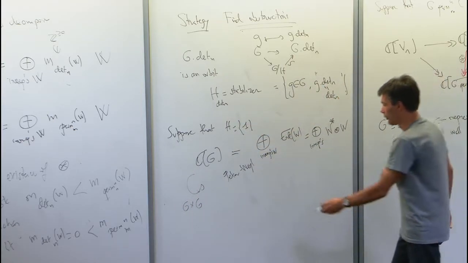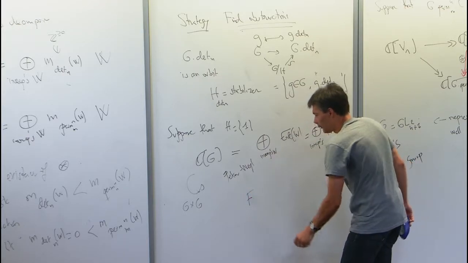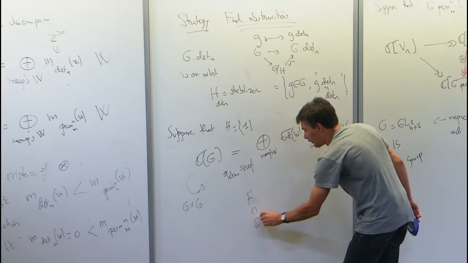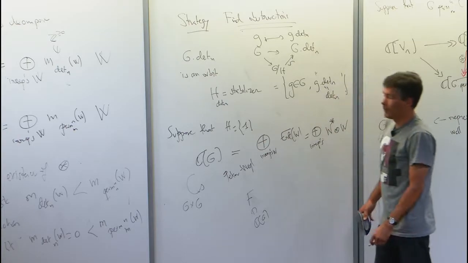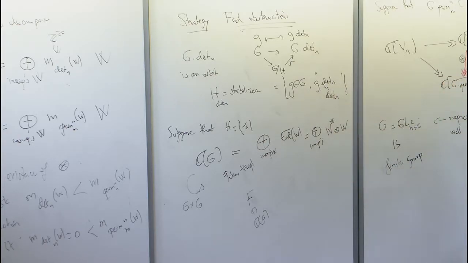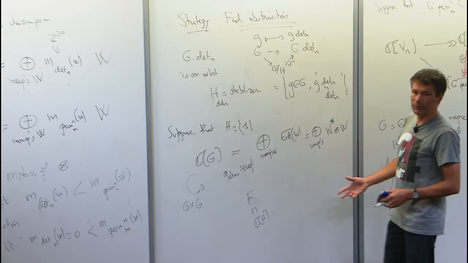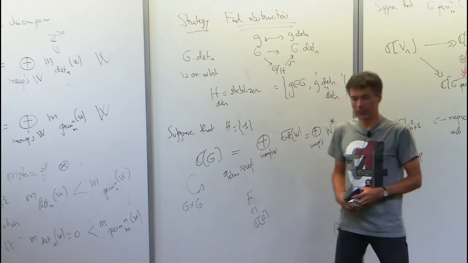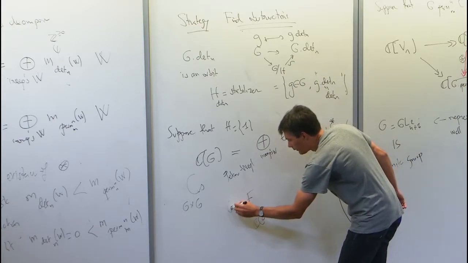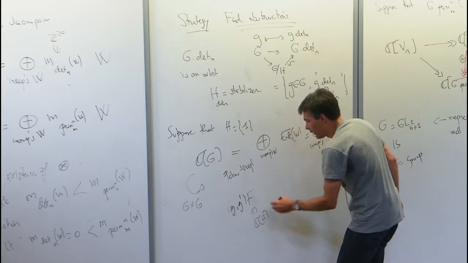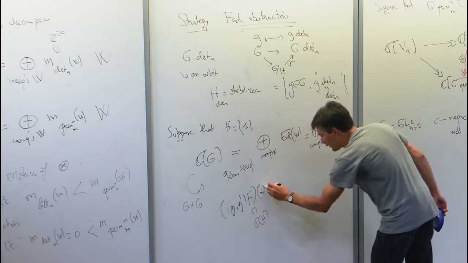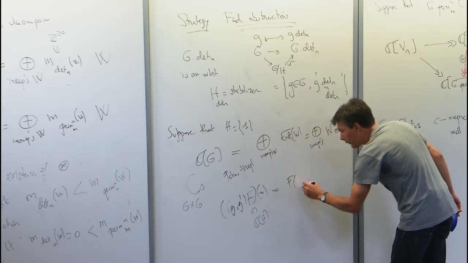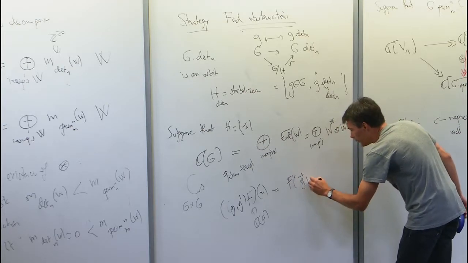Okay, when you have a function f on G, you can modify it in two different ways by applying the group, either on the left or on the right. You can apply G prime to f and get a function which on x would be f of G minus 1 x.